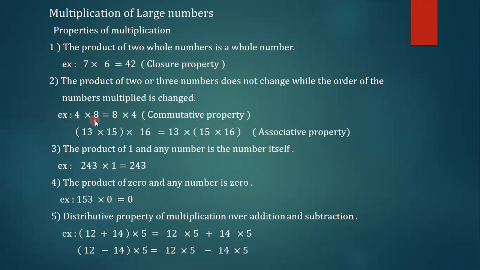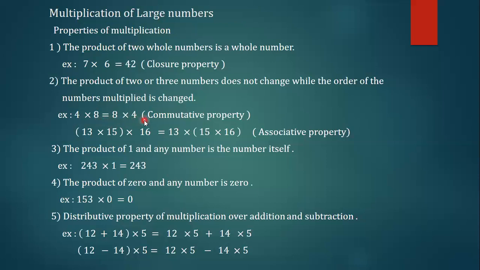That is 4 into 8. The first number is 4 here, the second number 8. When we interchange these two, 4 eights are 32. I'll write the second number as first and the first number as second. When we write this, the product remains the same. 4 into 8 will be equal to 8 into 4.